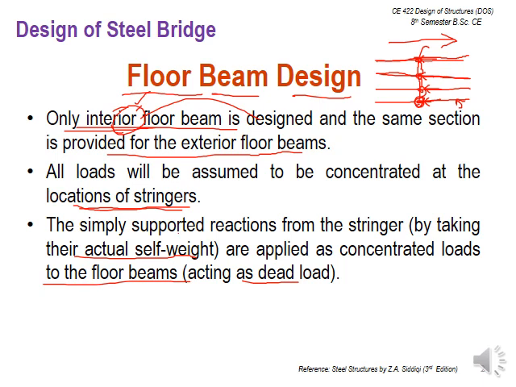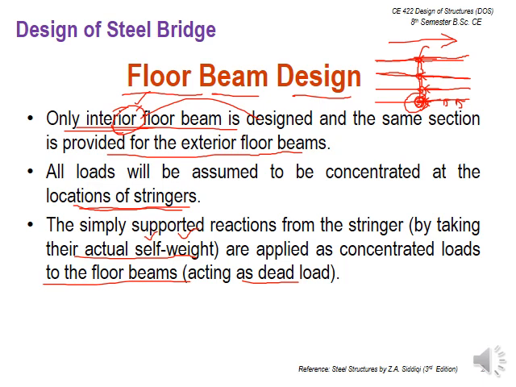So simply the reactions coming from the stringers have to be transferred on that particular point of the floor beam where they are acting, by taking their actual self weights. At first, when you were doing the analysis for the stringers, you did not know the section of the stringer, so with a very rough idea, say 10%, you considered a dead load of the stringer.